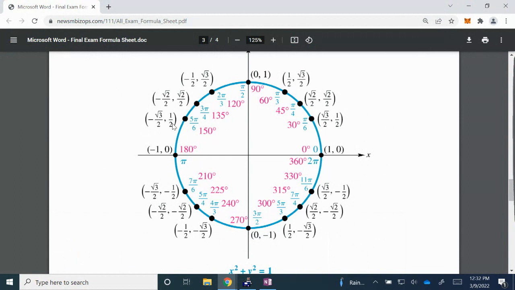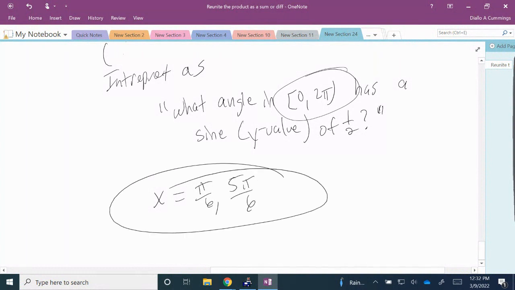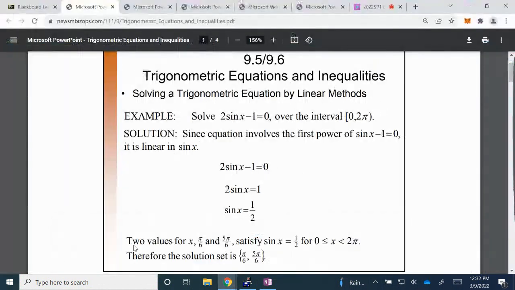So my two angle measures here are pi over 6 and 5 pi over 6. So the angles x that we want are pi over 6 and 5 pi over 6.